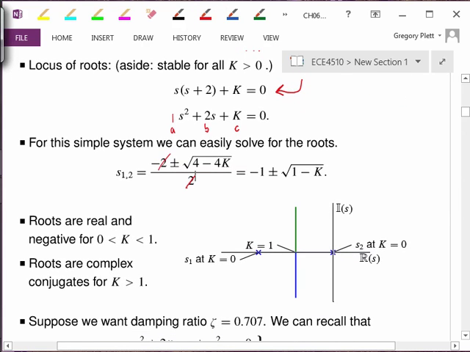And looking at that, if k is between 0 and 1, the square root then is also between 0 and 1. And so I'm going to have minus 1 plus or minus 0 all the way up to minus 1 plus or minus 1. So I'm going to have the real axis between minus 2 and 0 completely filled up.